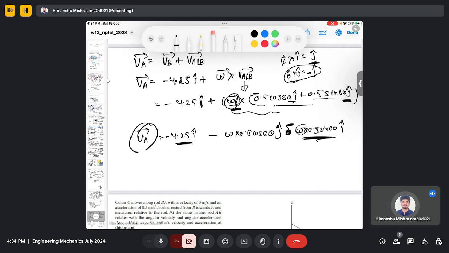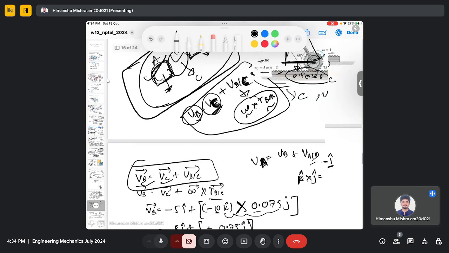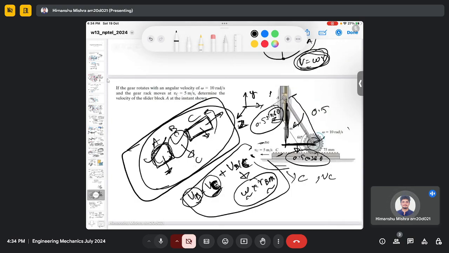So we can use the fact that there is a translation motion at point A. This can either go upward or downward. But since this system is constrained between the walls, it cannot move in the horizontal direction, which means whatever the vector velocity of point A, it will be in the y direction. It can be written in j cap only.